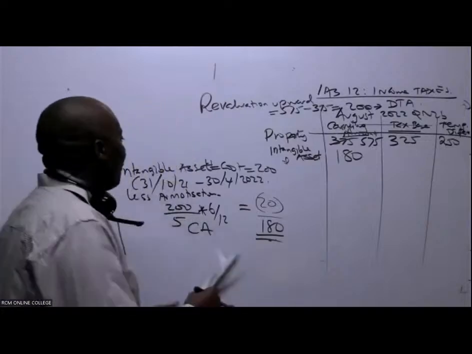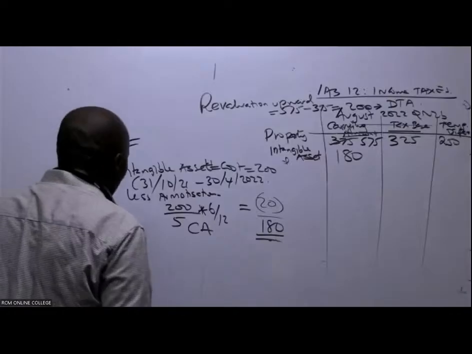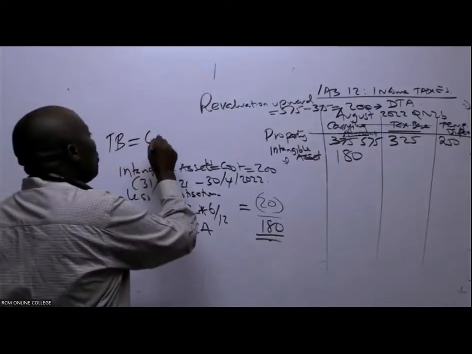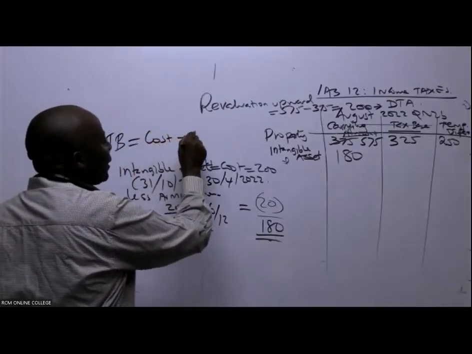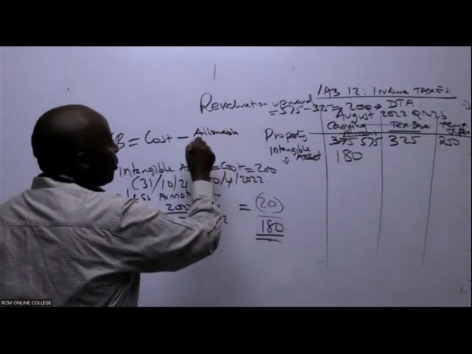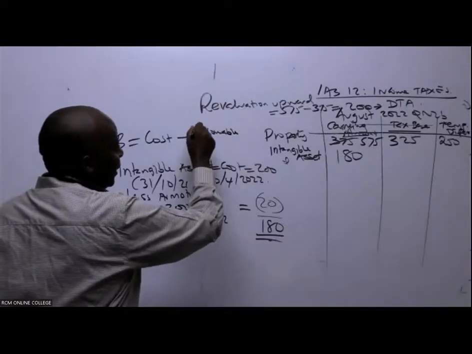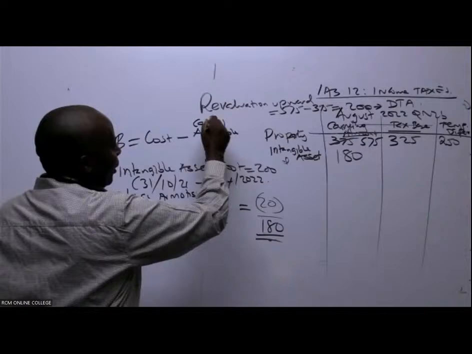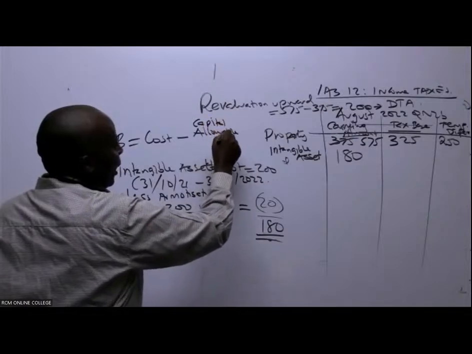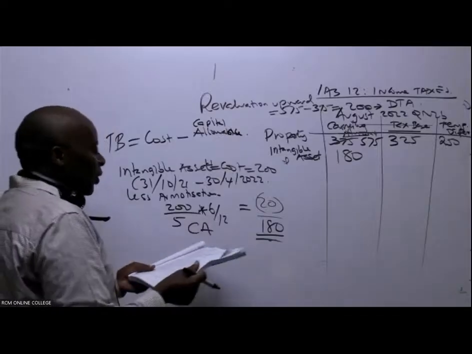So remember for the tax base, and I'm explaining this for the very last time, the tax base should always be equal to cost, less capital allowance. So what have they told us regarding this intangible asset?